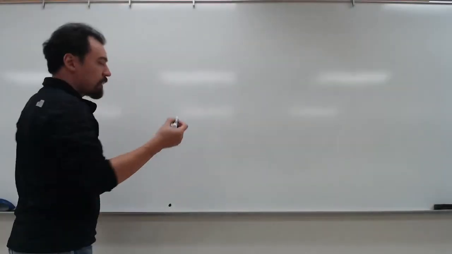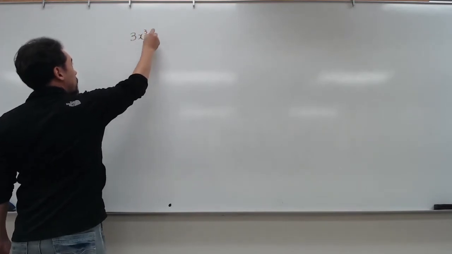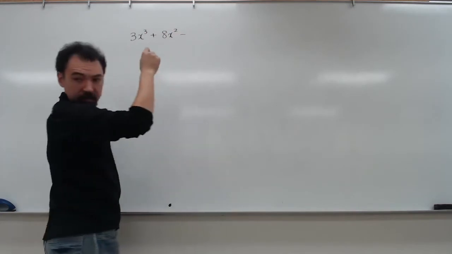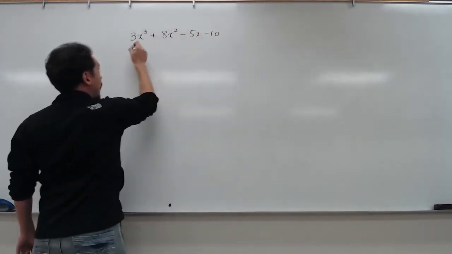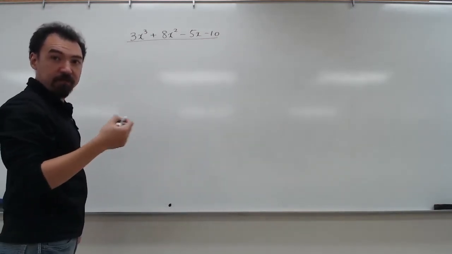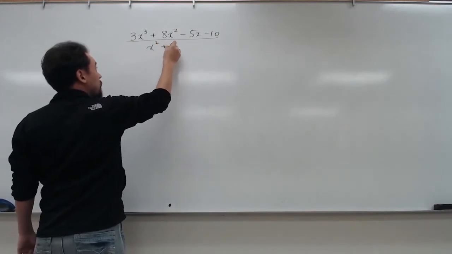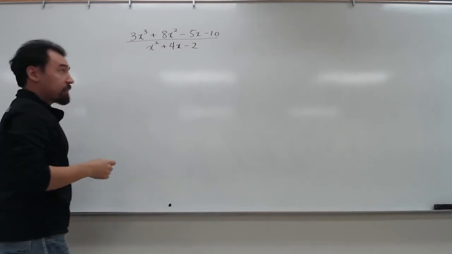Another example. Let's put down 3x cubed plus 8x squared minus 5x minus 10. And this time we'll divide by something that isn't just an x plus or an x minus. Let's involve an x squared. The setup is going to be the same structure.